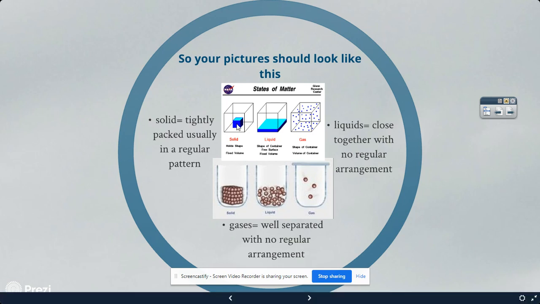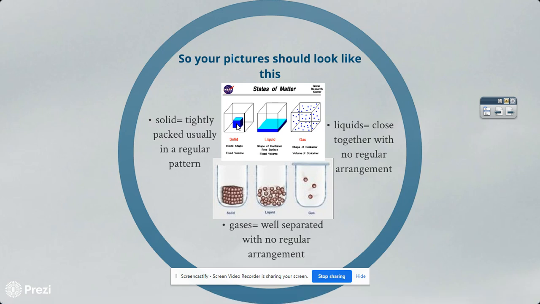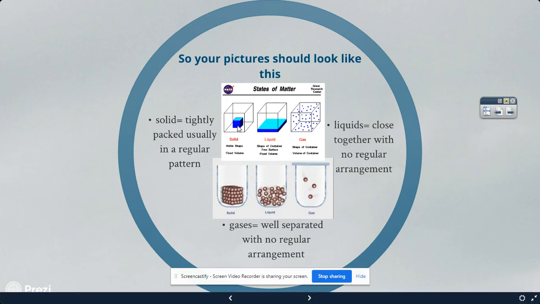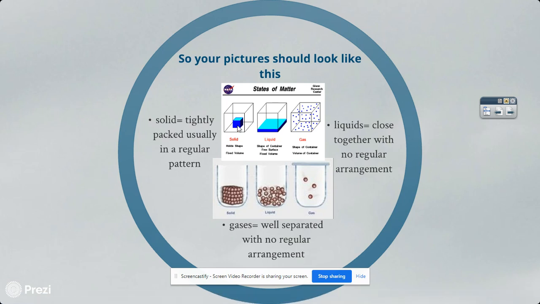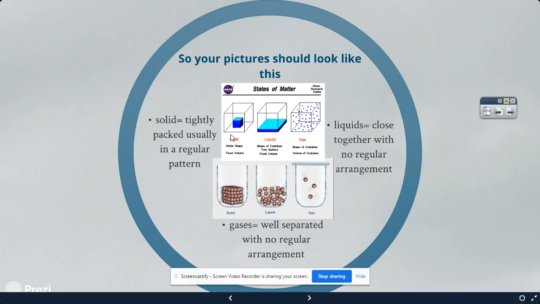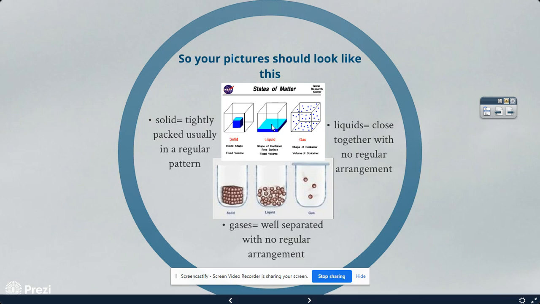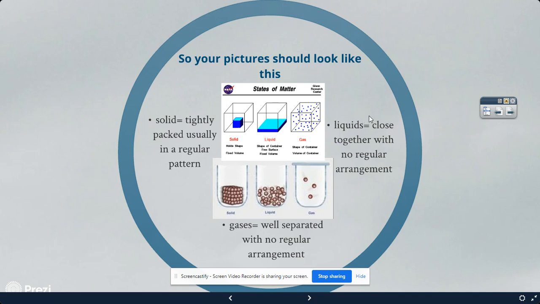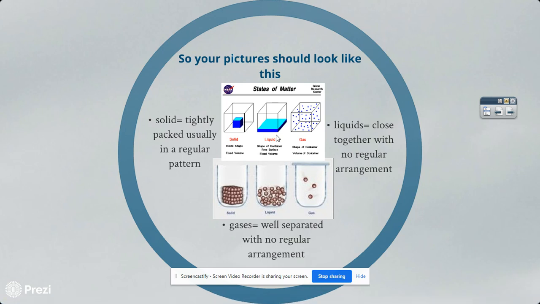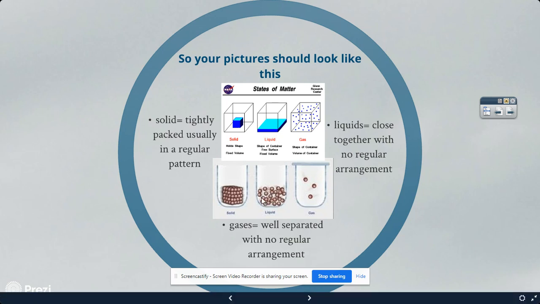But if I take my pencil off the top of my desk and put it into my pencil bag, just because I changed the location of it, it's not going to change shape. So solids keep their shape, okay? Where liquids take the shape of whatever container they're in. That's why liquids are close together with no regular arrangement. It just depends on what container they're in. So liquids, you will see that their molecules are a little more spread out. They're not as organized as solids.